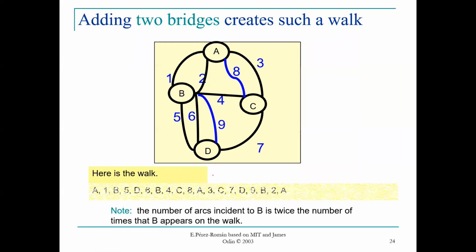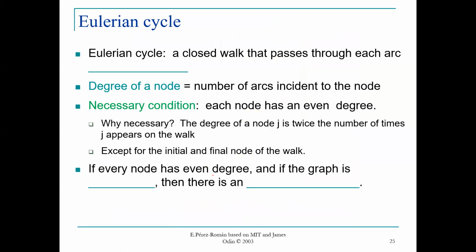So here's the walk. You go from A, through 1, then go to 5, 6, 4, 8, 3, 7, 9, and 2 to go back to A. This is what is known as the Eulerian cycle.